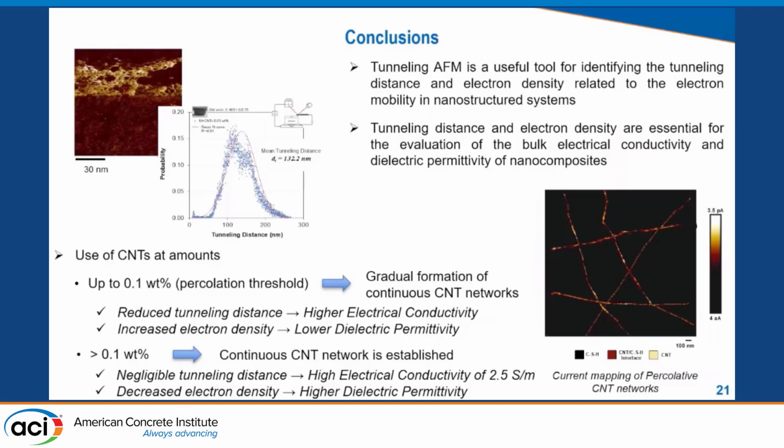We use these 2 properties to evaluate the bulk electrical conductivity and dielectric permittivity, and from the results we found that 0.1 is the critical amount of nanotubes to establish a continuous network within the cementitious matrix. So we reduce the tunneling distance for higher electrical conductivity and increase the electron density for a lower dielectric permittivity.